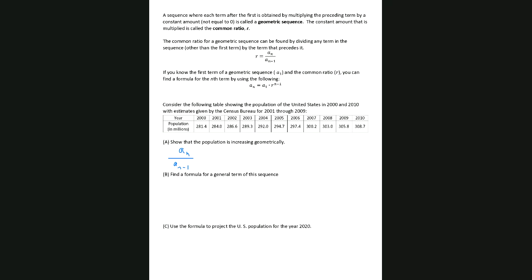So I'm going to take the population for 2001, 284, and divide it by 281.4, the population for 2000. And when I do that, I get approximately 1.009.